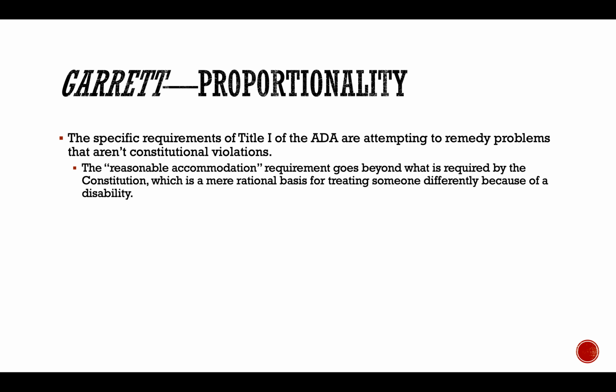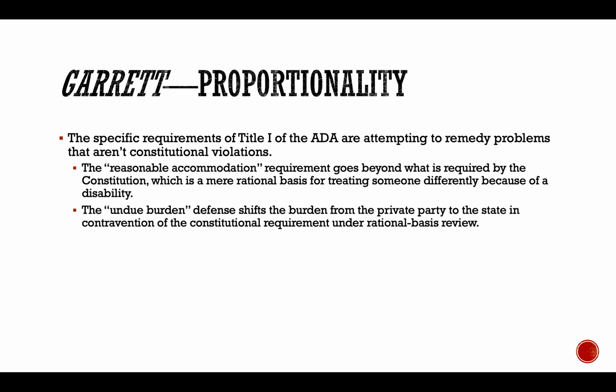But the statute would make you put in a ramp if it was, quote unquote, reasonable. But that's more than the Constitution's Equal Protection Clause requires. So if that's a supposed remedy for discrimination, it's going far beyond what the Constitution requires.